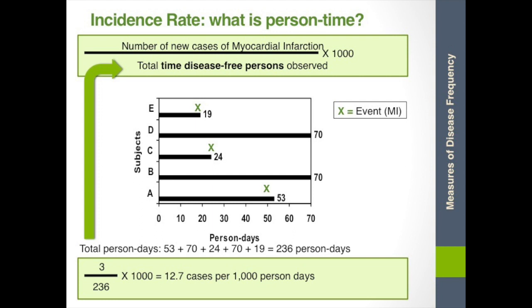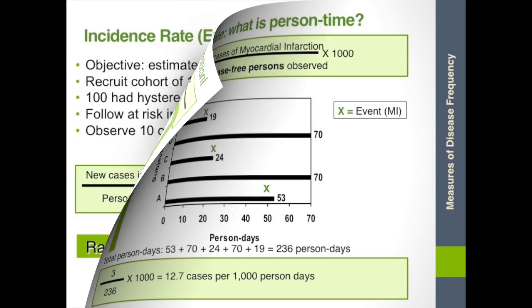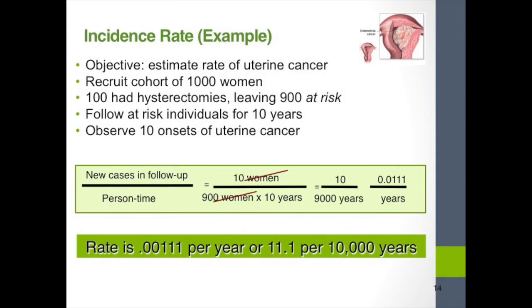And if we multiply the numerator and the denominator by 1,000, the incidence rate would be expressed as 12.7 cases per 1,000 person-days. Let's take a look again at our example on uterine cancer.